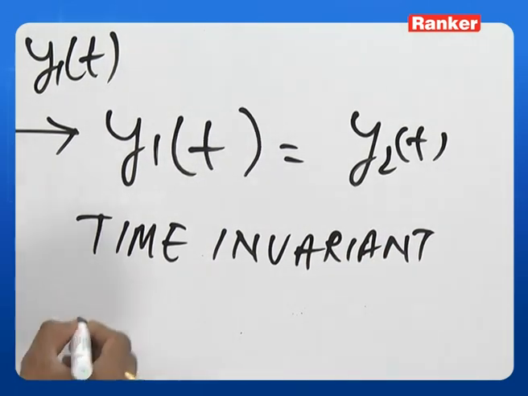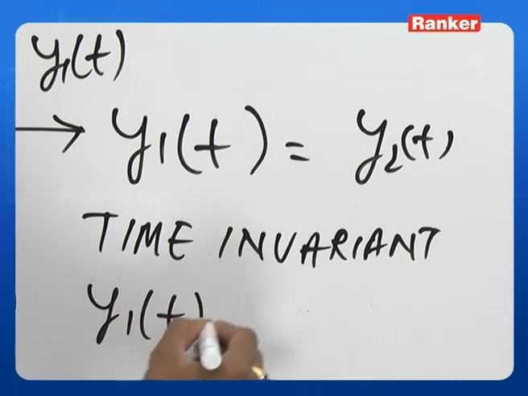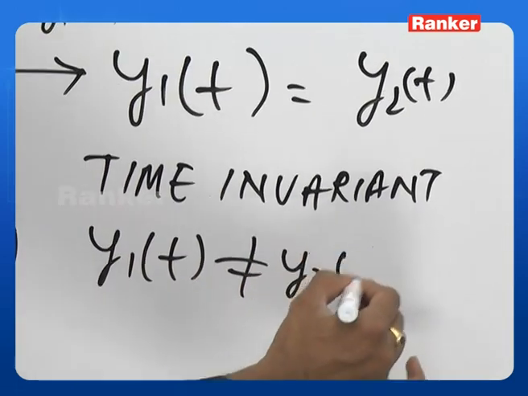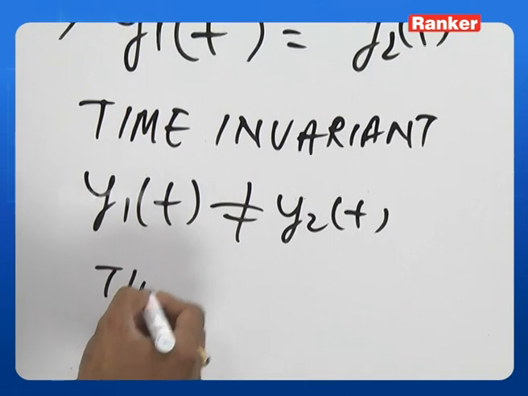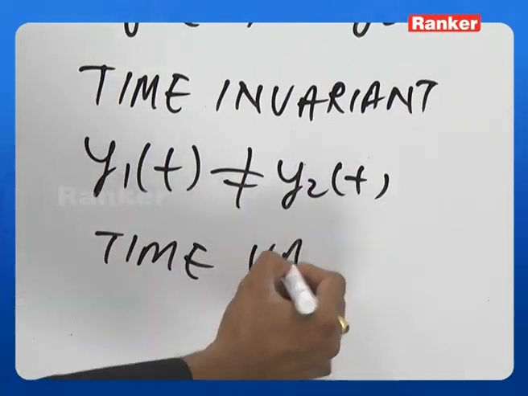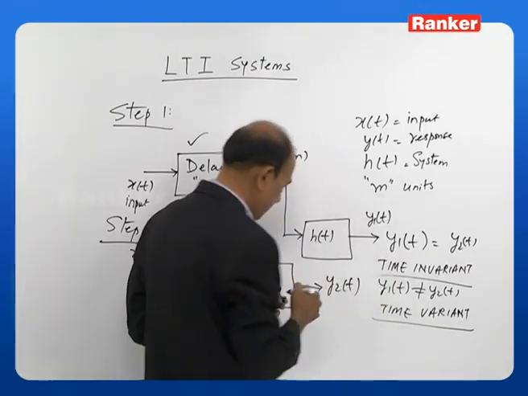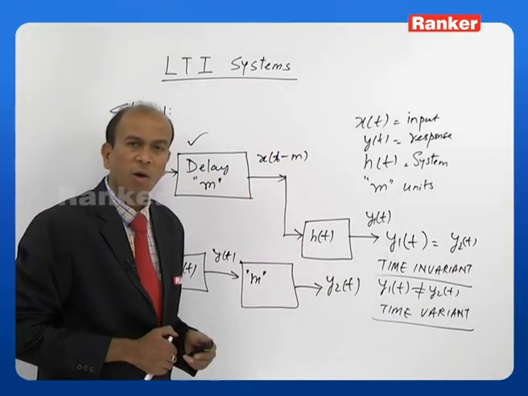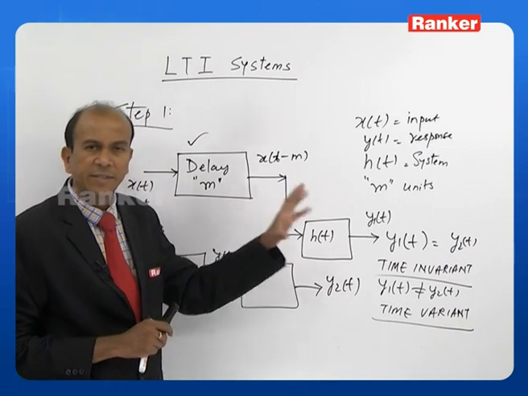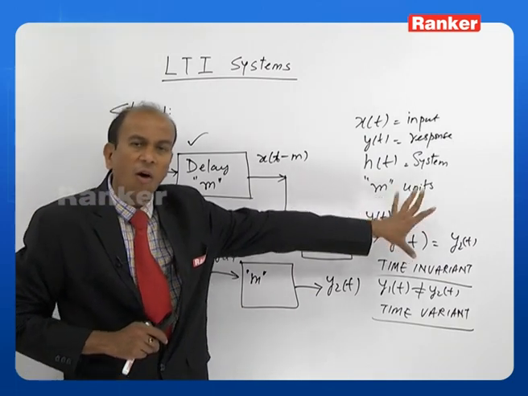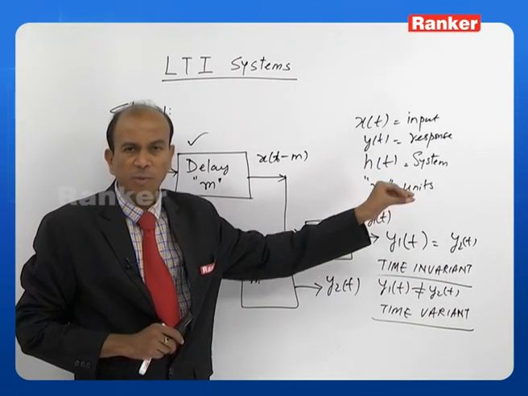If y1 of t is not equal to y2 of t, then the system is time variant. So this is how we test a system for time invariancy or time variancy. This is the procedure which you will remember.